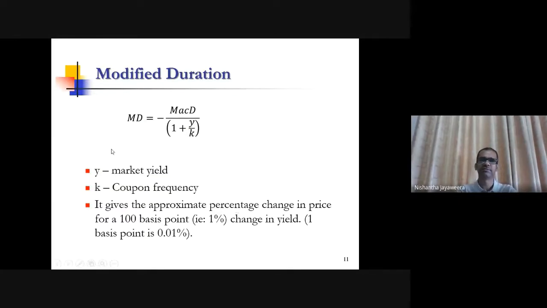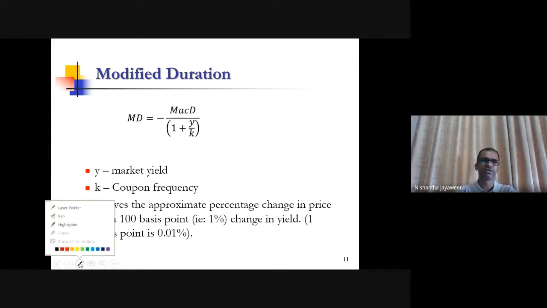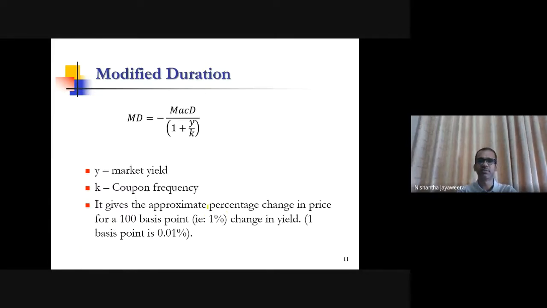What it says, this modified duration measures the change in price, the percentage change in price. Remember, it's not just change in price, it's the percentage change in price for a 1% change in yield.